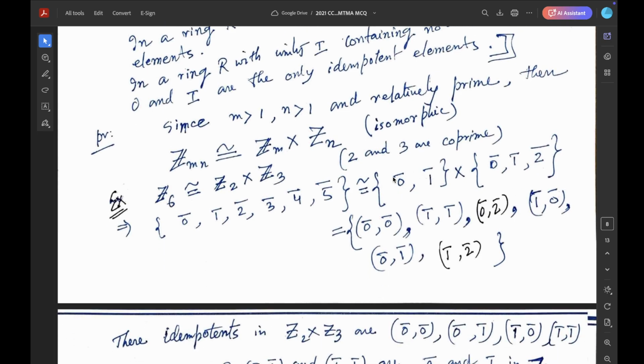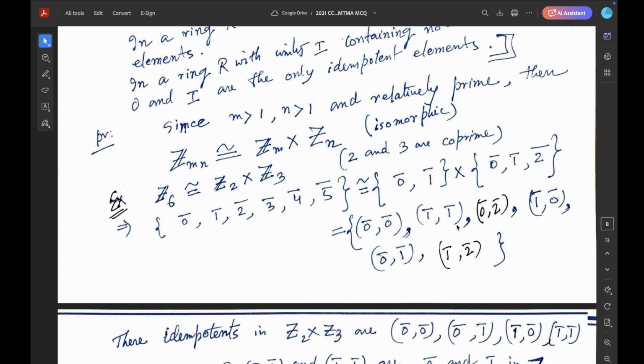So this set {class 0, class 1} cross this set {class 0, class 1, class 2}, we get this Cartesian product set of ordered pairs: (class 0, class 0), (class 0, class 1), (class 0, class 2), (class 1, class 0), (class 1, class 1), and (class 1, class 2).